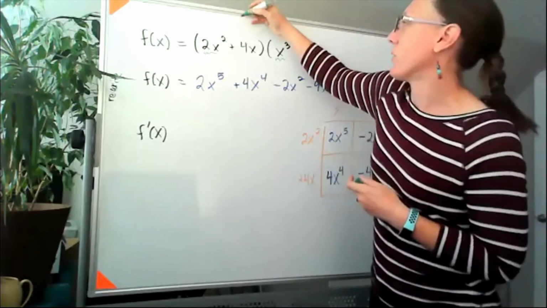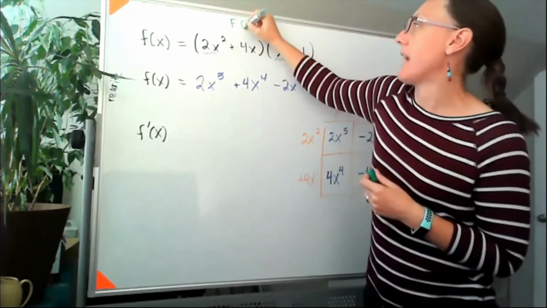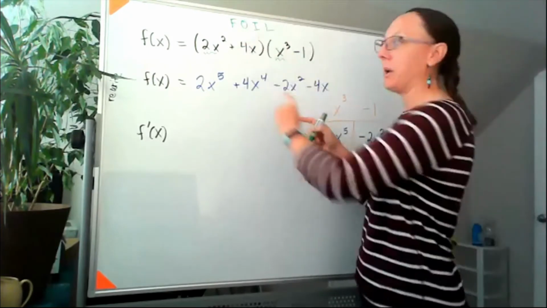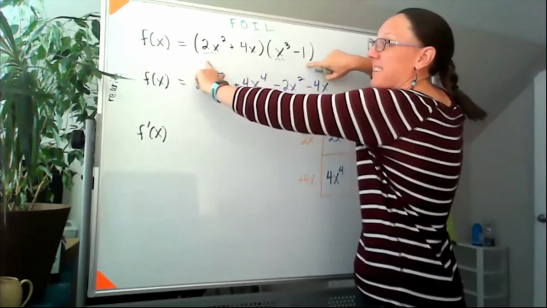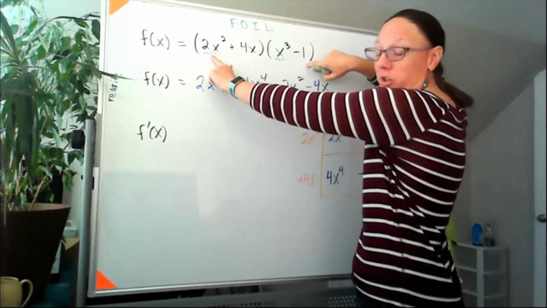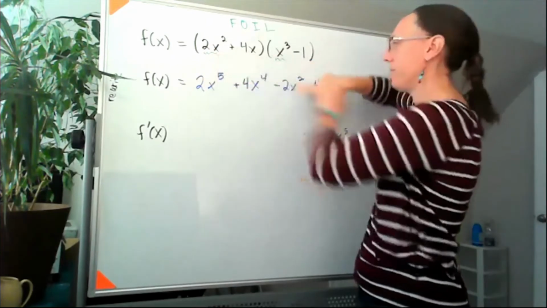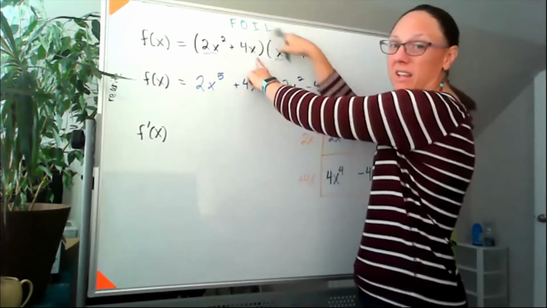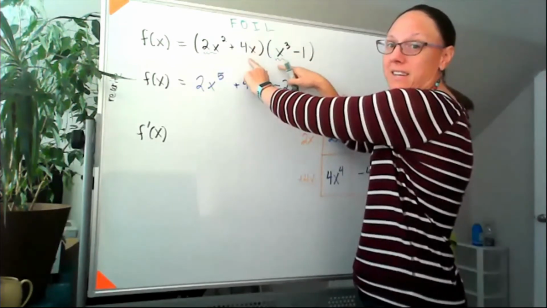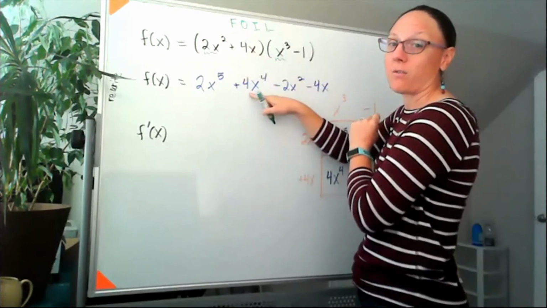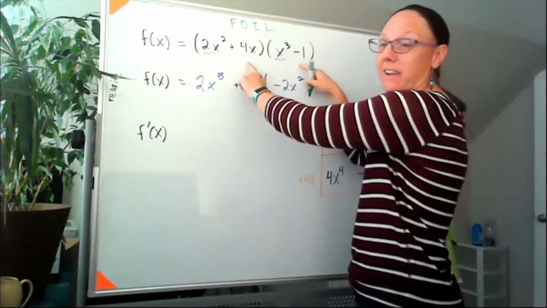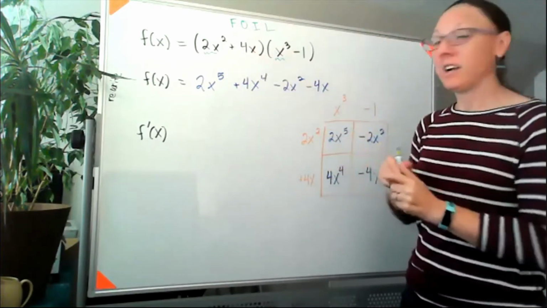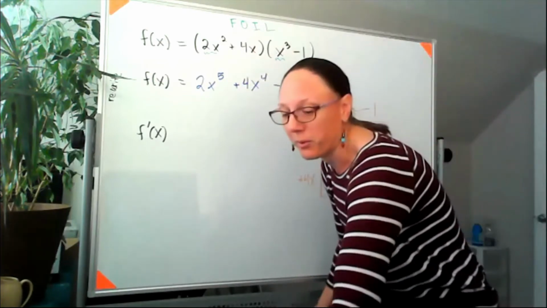Outer means the two outsides, so 2x squared times -1 gives me the -2x squared. Inner, the two on the inside, 4x times x cubed gives me 4x to the 4th. And last, the 4x times the -1. Okay, a couple of different options for how you can multiply that out.